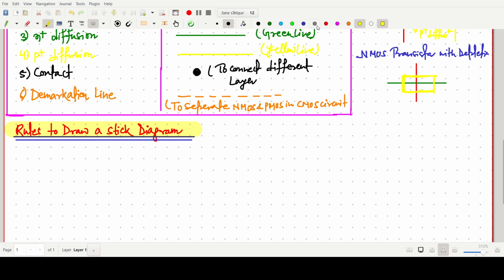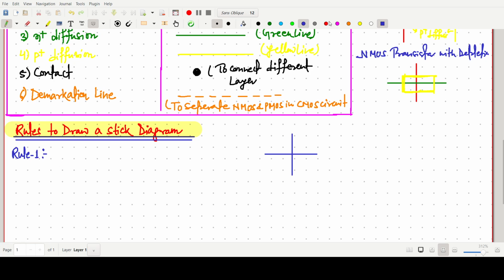Rule one. When two or more sticks having the same color, for example, two metals are there, they are connected like that.